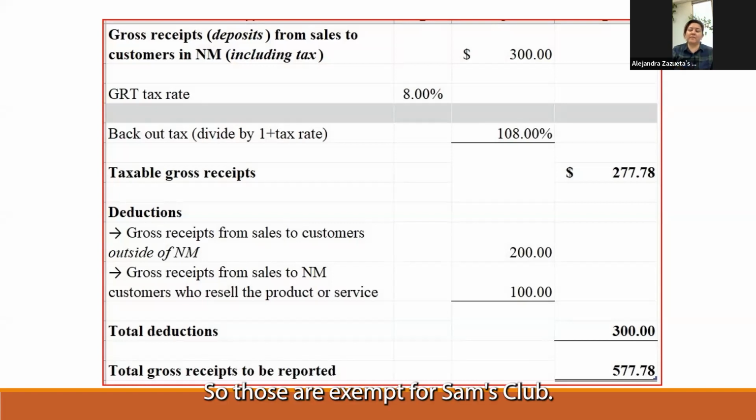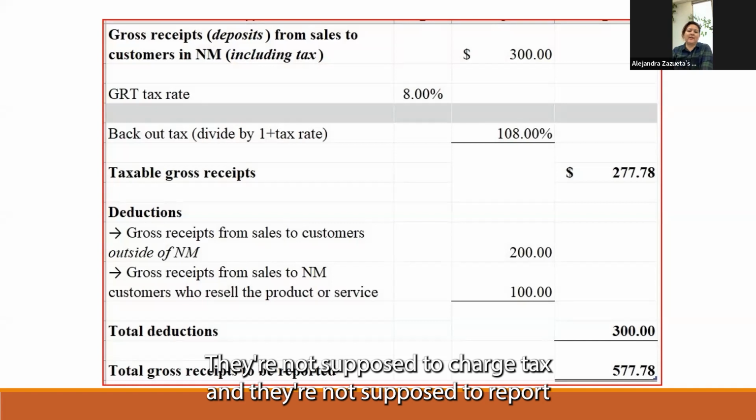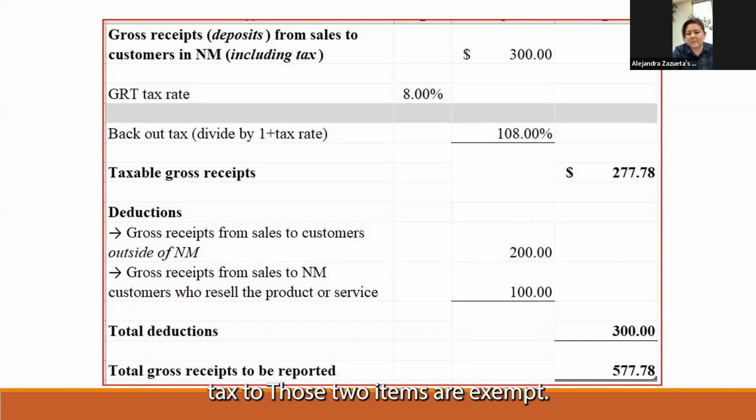So those are exempt for Sam's Club. They're not supposed to charge tax, and they're not supposed to report tax. So those two items are exempt. So your total gross receipts are 577.78, but you only pay tax for the 277.78, and everything else is exempt. Okay, next, please.